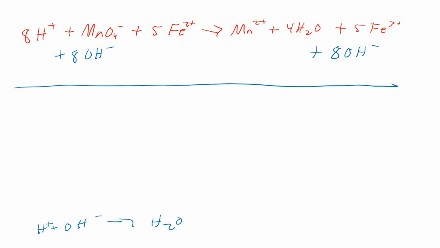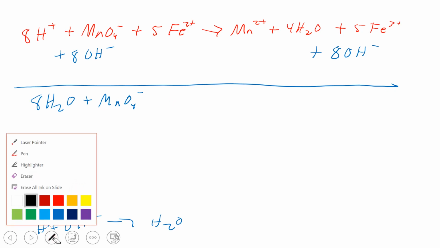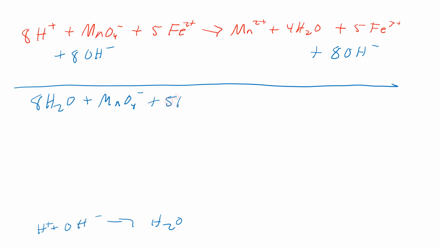So if we have 8 H positives and 8 OH negatives, we're going to get 8 waters plus MnO4 negative plus 5 Fe2 positive, which gives us Mn2 positive plus 4 waters plus 5 iron 3 positive plus 8 OH negative.